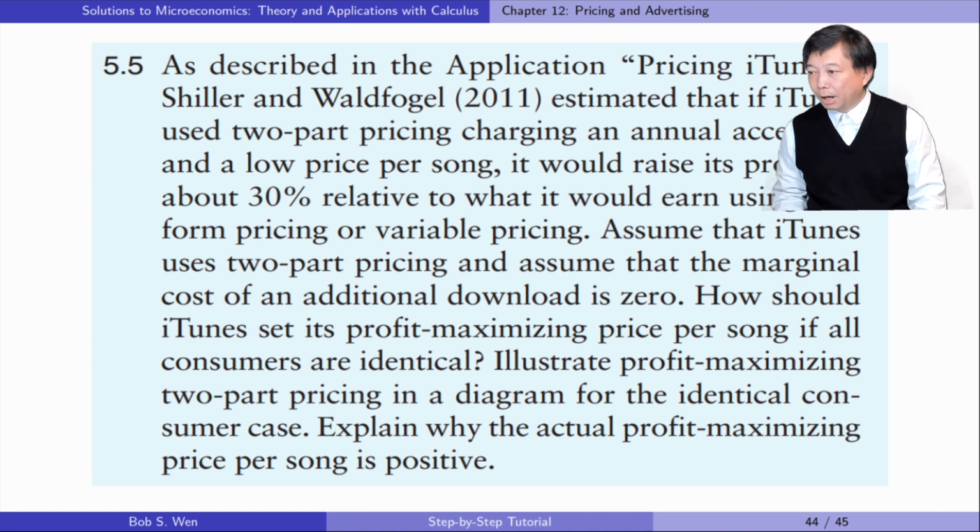Assume that iTunes uses two-part pricing and assume that the marginal cost of an additional download is zero. How should iTunes set its profit maximizing price per song if all consumers are identical? Illustrate profit maximizing two-part pricing in a diagram for the identical consumer case. Explain why the actual profit maximizing price per song is positive.